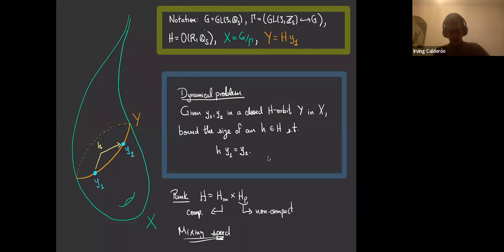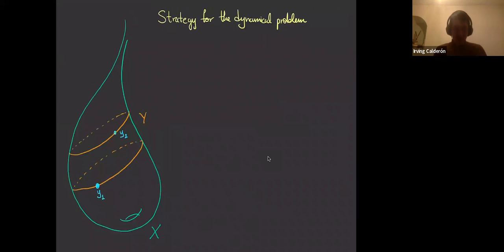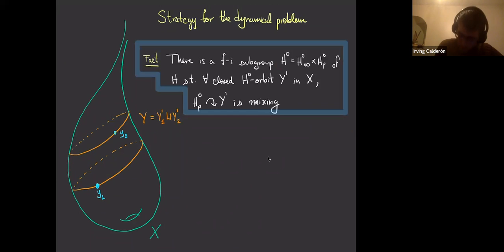So the starting point of this is the next fact. Here we have another picture. Y is again a closed H orbit. We have two points there. So it turns out that there is a finite index subgroup H naught of H. It is also a product H infinity naught times Hp naught.